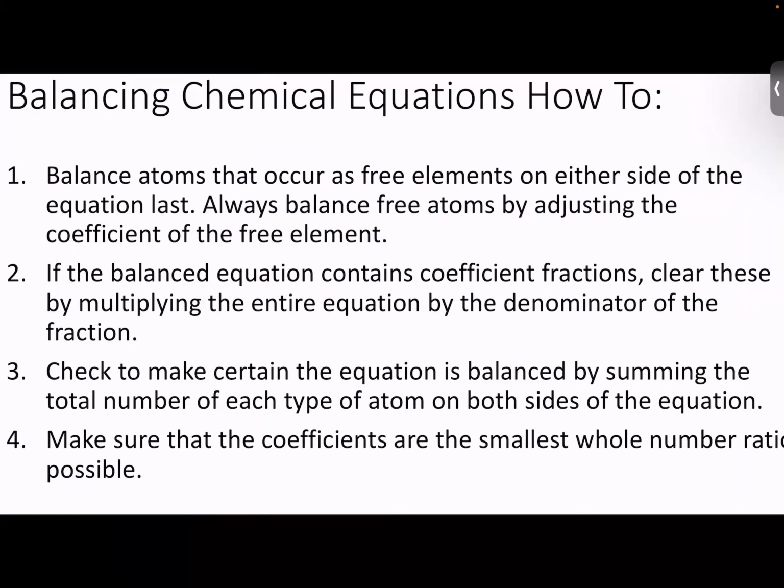That's because we can put any coefficient there that we need in order to balance the equation. If the balanced equation contains coefficient fractions, then we have to get rid of those fractions. And you get rid of the fractions by multiplying through by the denominator of the fraction.